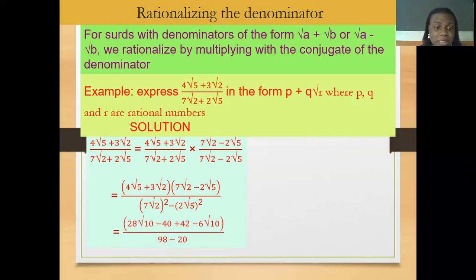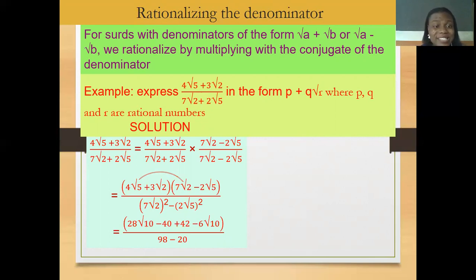Now, to get the next answer, what you need to do is first take 4 root 5 and use it to multiply 7 root 2. Okay, 4 root 5 times 7 root 2. Now, 4 times 7 is what? 28. And root 5 times root 2 is root 10. So that's how we got 28 root 10 in the first position there.